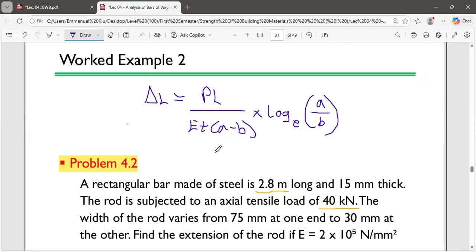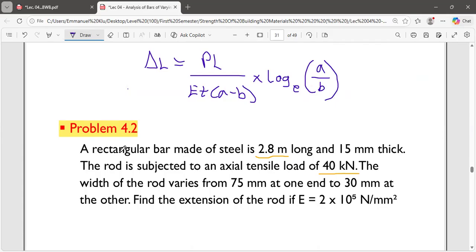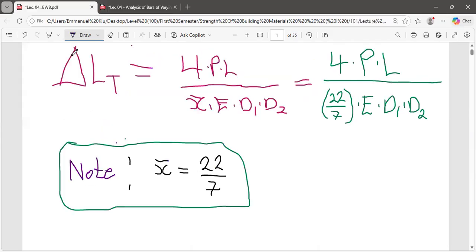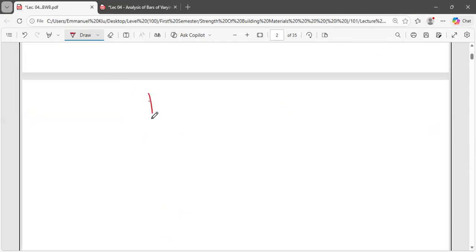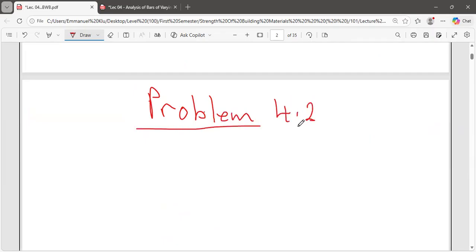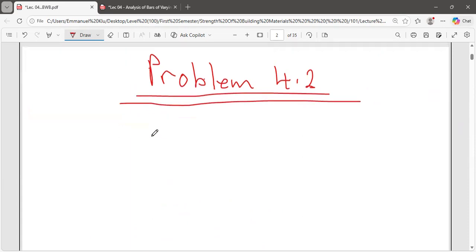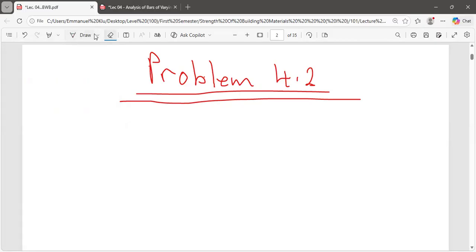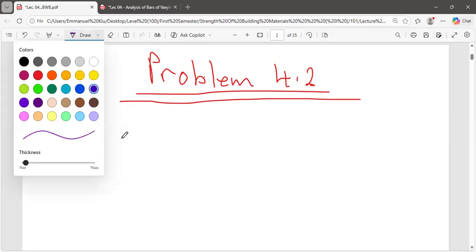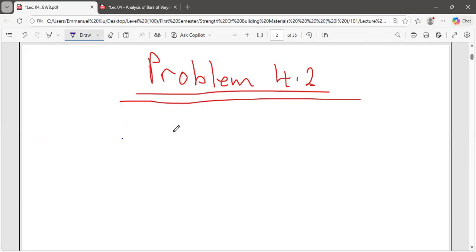Okay. So let's this time go and work systematically. Let's go to our whiteboard and start from the given. So this time we are solving problem 4.2. Let's start from our given.